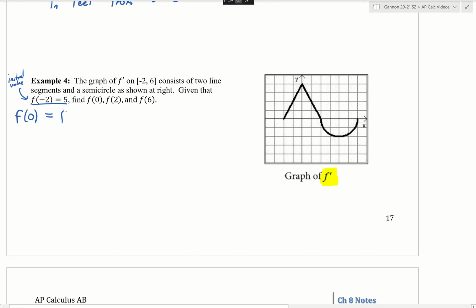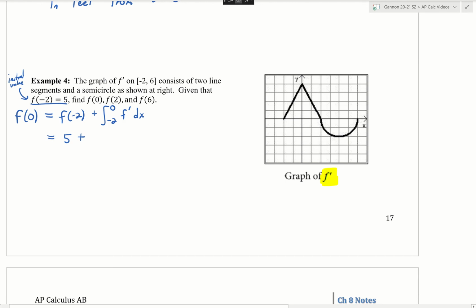So f of 0 is going to be f of -2, and then we're going to have to add the amount of change from -2 to 0 of the f prime. So we know that f of -2 is 5 plus.